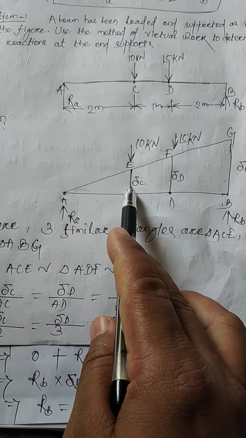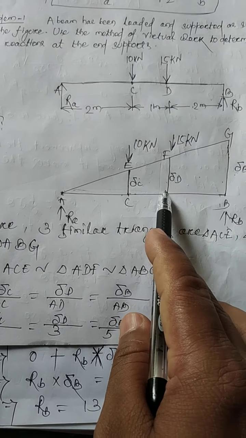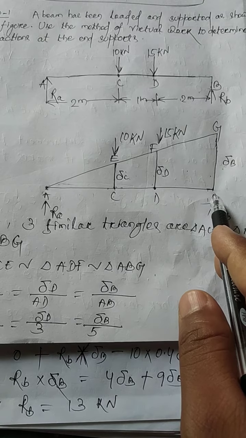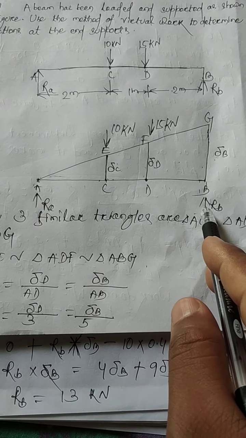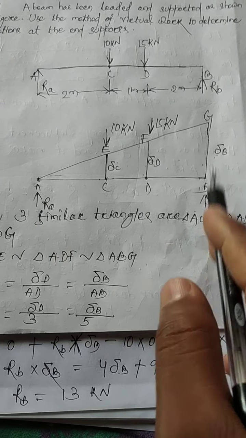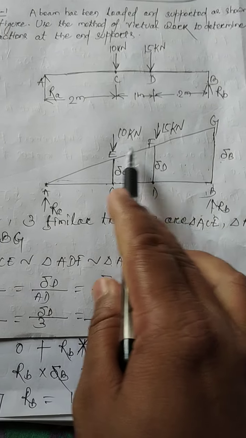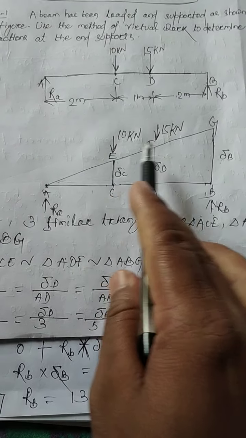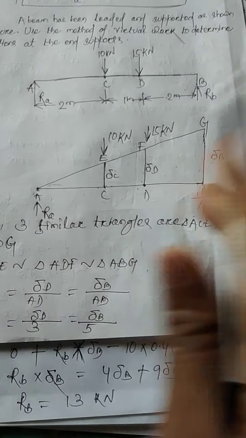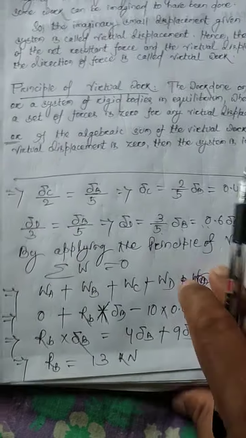Then only the work done at C, D and B remain. See, this force is moving upward, so we take it positive. But these two forces are moving downward, so we take them negative.